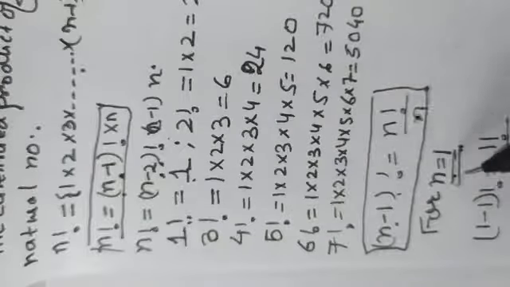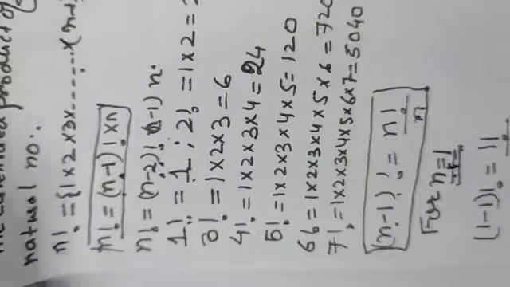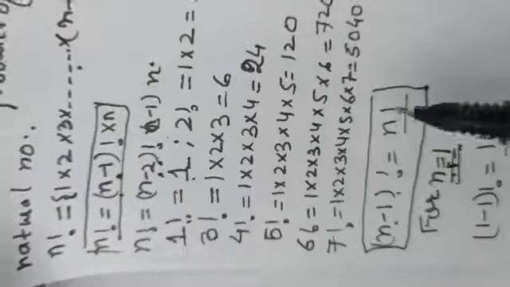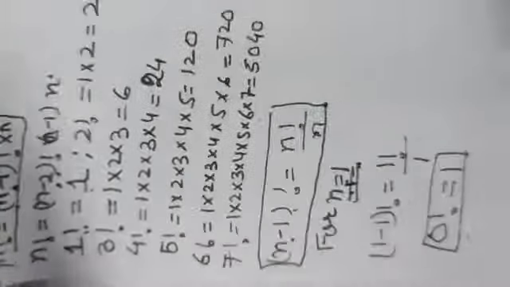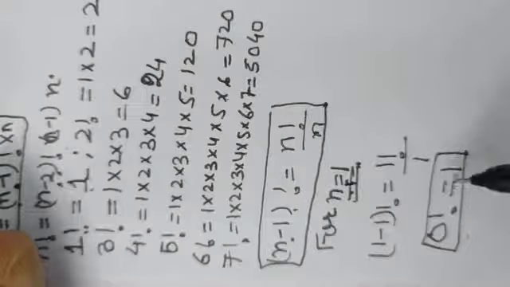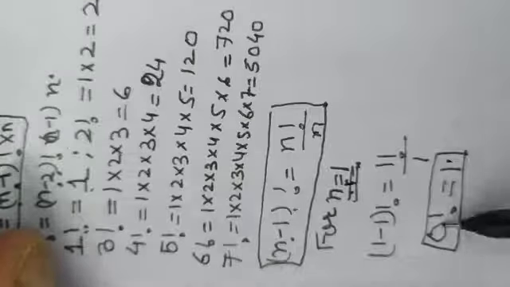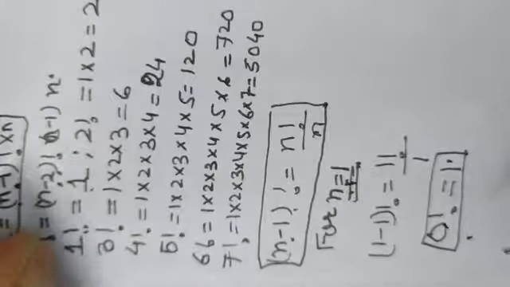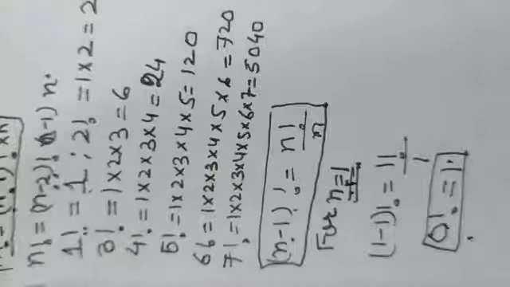I put the minimum natural number n equals 1 in the relation and got 0 factorial equals 1. So 0 is the only number which is not natural, but its factorial is defined.